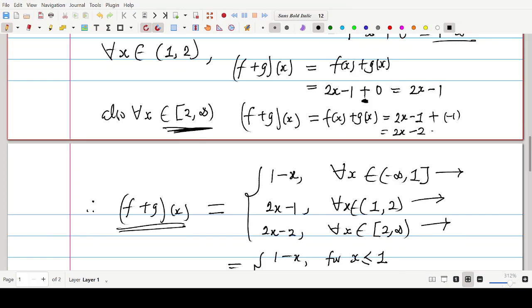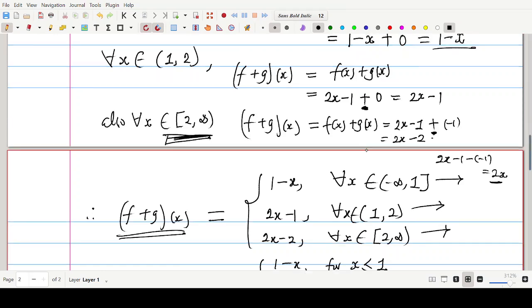Can you see that? So this one will be a bit different because in place of this plus, I'll be putting minus. So when I do that, I'll be having 2x minus negative 1. And that will give us just 2x as a result. So in this interval, the function value is 2x. All right.